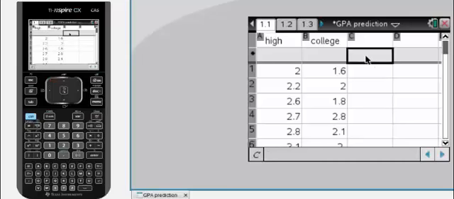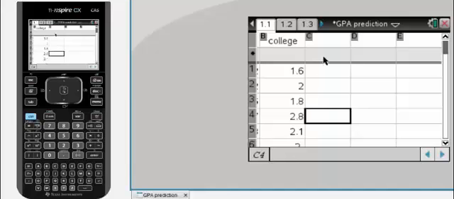If you didn't realize, this gray bar here is actually a formula bar, so it will calculate things for you. I'm going to add in my regression line over here and get that information.